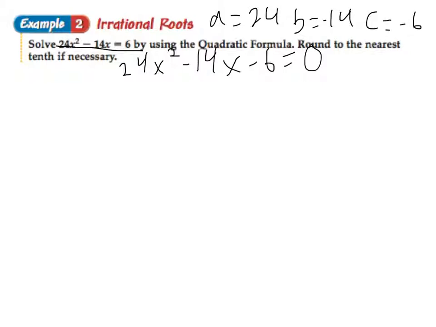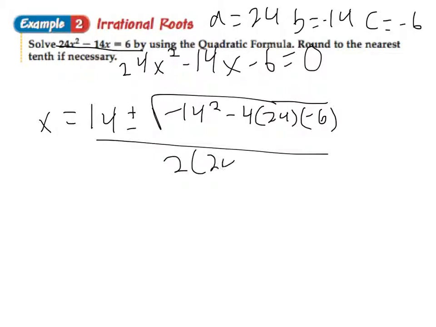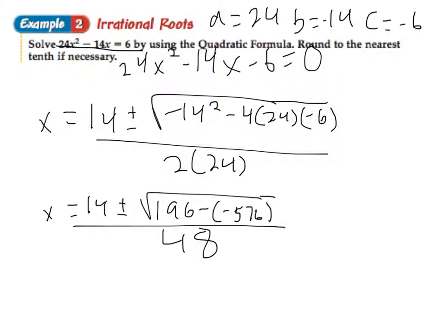So we have x is equal to negative b, which is 14, plus or minus the square root of negative 14 squared minus 4 times a, which is 24, times c, which is negative 6, divided by 2 times 24. If we do 14 squared, we should get 196. 4 times 24 times negative 6 is 576. And then 2 times 24 is 48.